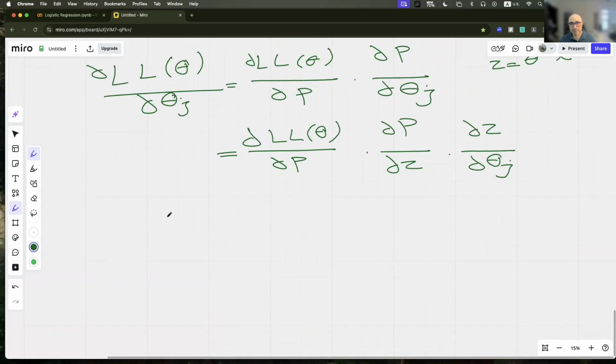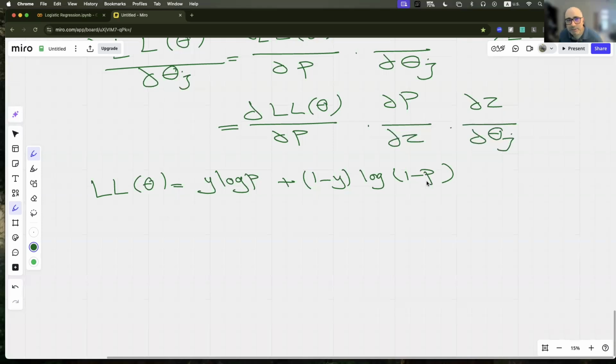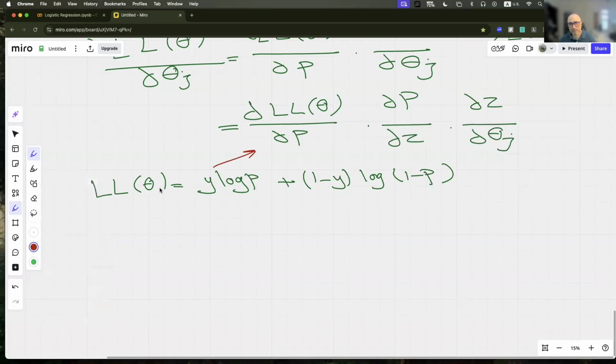So for each sample, the log likelihood of theta is y log p plus 1 minus y log 1 minus p. Now I'm going to plug it in here and calculate the derivative with respect to p.